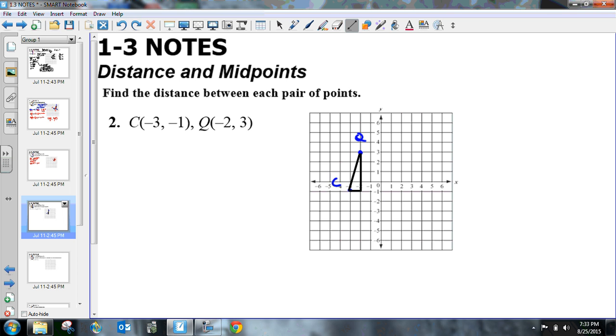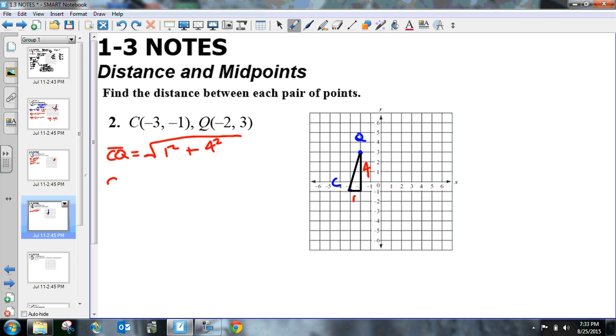I know that this length right here is a length of 1. This side of this triangle has a length of 1, 2, 3, 4. So I know that CQ, that length, is equal to the square root of 1 squared plus 4 squared.